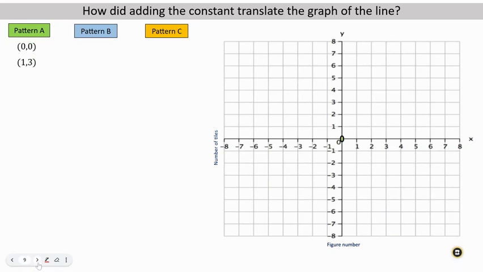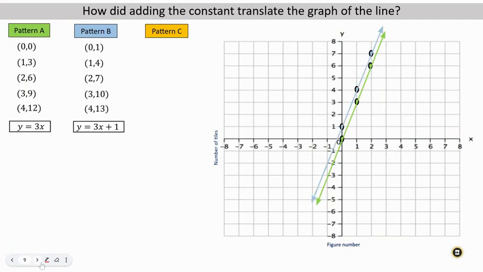I'm going to show you the whole thing complete. We have 0, 1, 3, and this is my equation, y equals 3x. Then y equals 3x plus 1, and then y equals 3x plus 2.